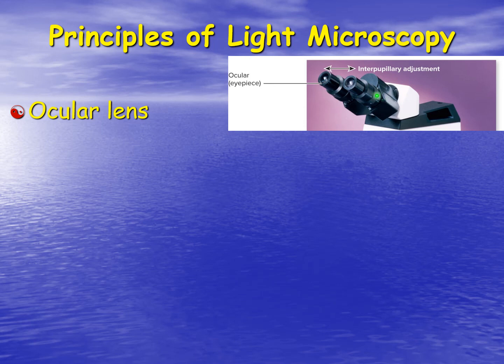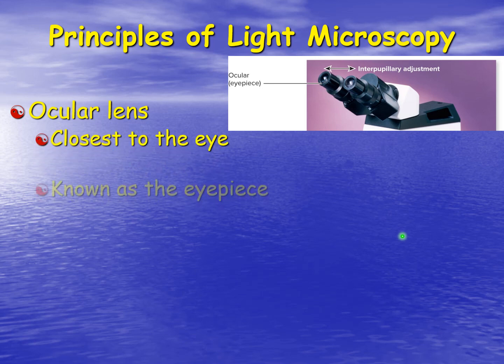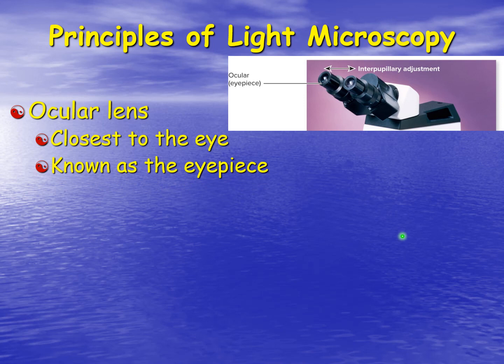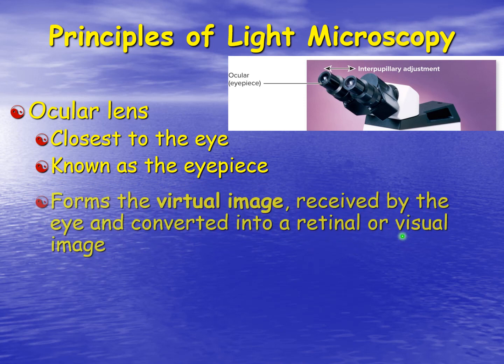The ocular lenses have a fixed focal point of 10x. That means if you just look through the ocular and you got it to the correct focal point, the image would be enlarged by 10 times. Known also as the eyepiece, but we would prefer that you actually use ocular.